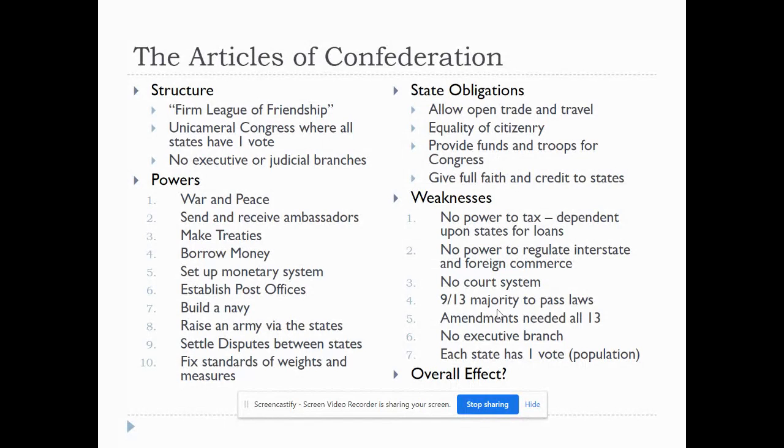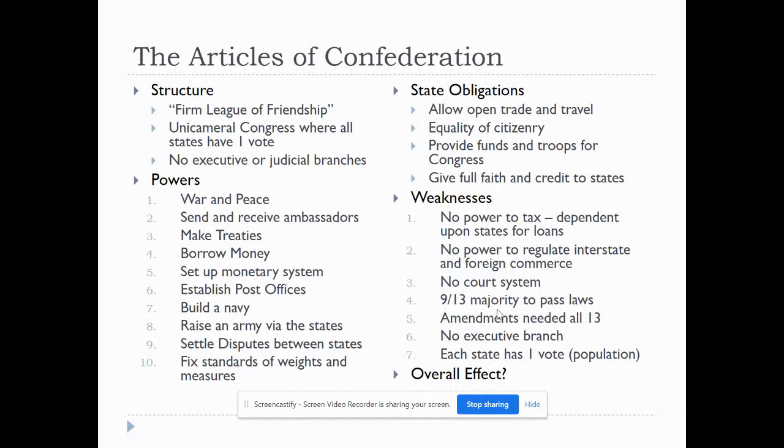Okay. Then, of course, there's no executive branch, so there's no one person that's really in charge of everything. And then, of course, each state only has one vote, and this becomes an issue because how do you have a state like Virginia, who has the largest population, have the same voting power in Congress as New Hampshire, which has one of the smallest of all of the states?